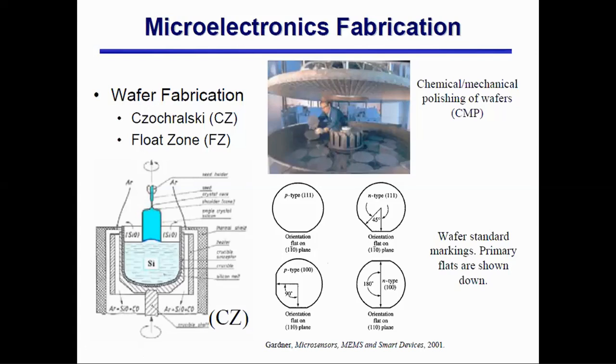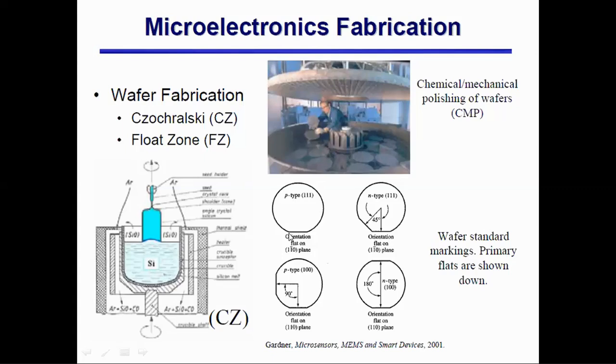The first question should be whether I need N type or P type silicon wafer. Once that is decided, what plane should be on the top layer of the silicon wafer? As here you see 111, which means that the top surface of the whole wafer is made of the 111 plane. So this is a P type 111 silicon wafer.